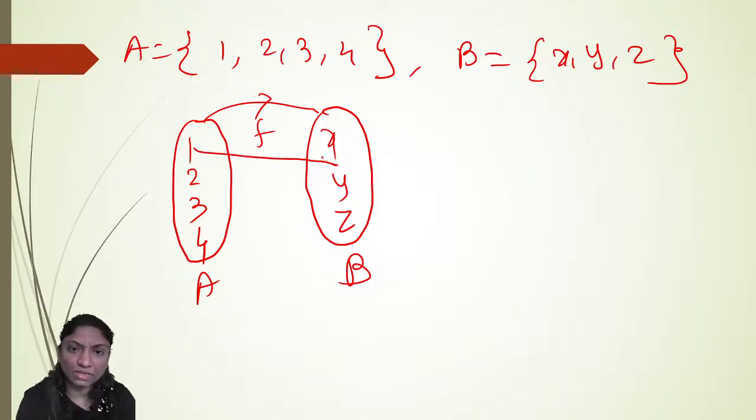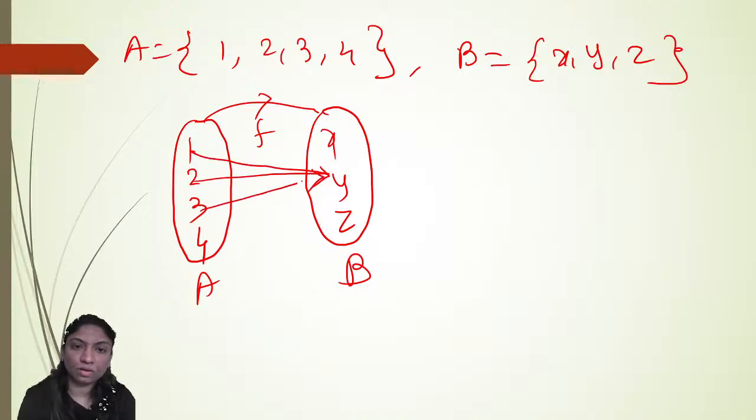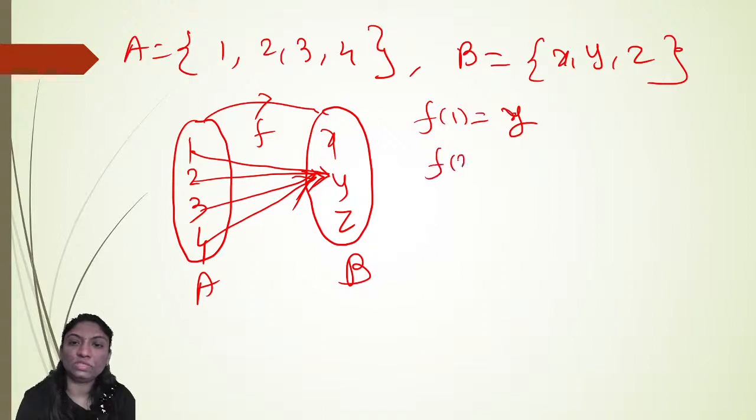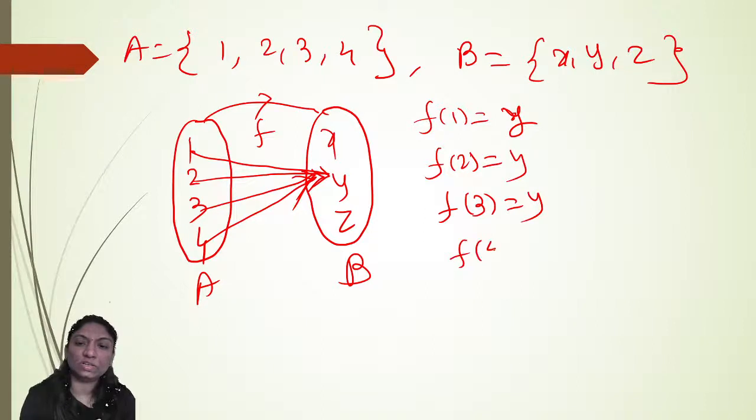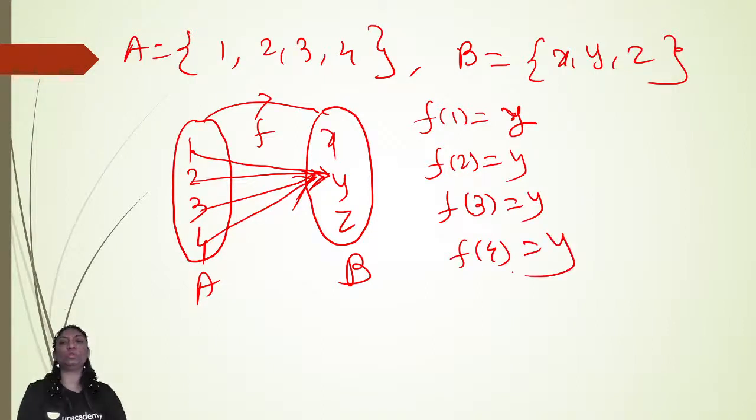Suppose every element maps to y. So f of 1 is equal to y, f of 2 is equal to y, f of 3 is equal to y, and f of 4 is equal to y. So every element maps to one element, and the range is only one element. So it is a constant function.